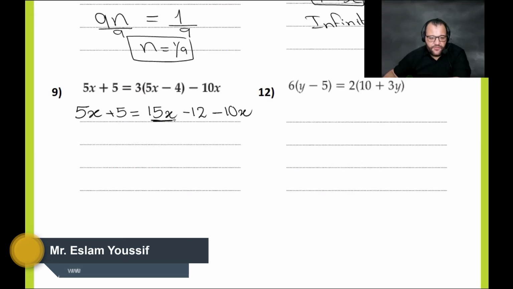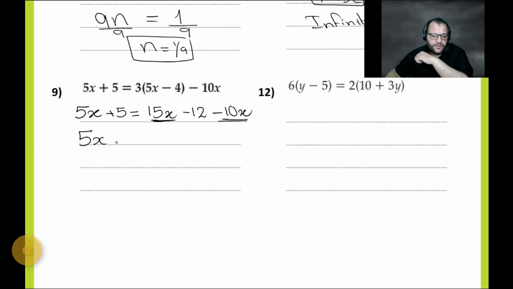Now we have 15 and 10, we can simplify it. So we have 5x plus 5 equals 15 minus 10 equals 5.